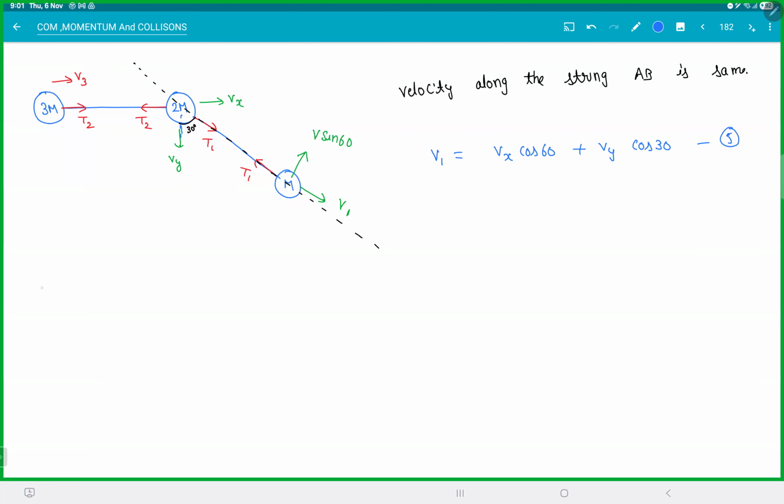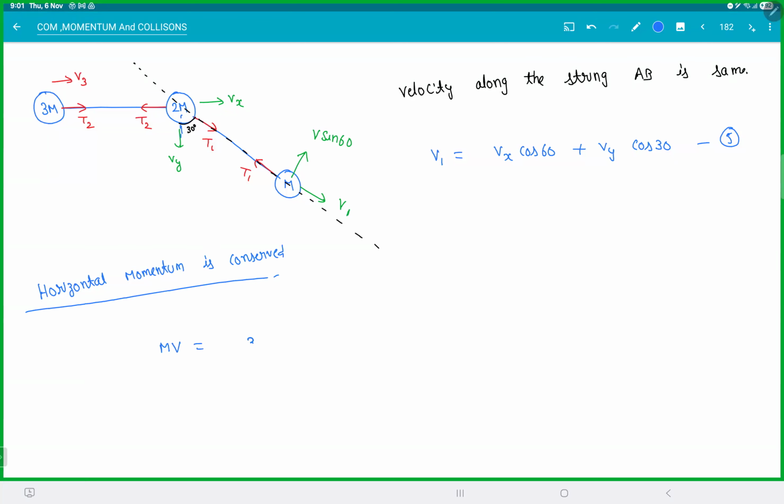And horizontal momentum is conserved. So initial momentum was m into v.